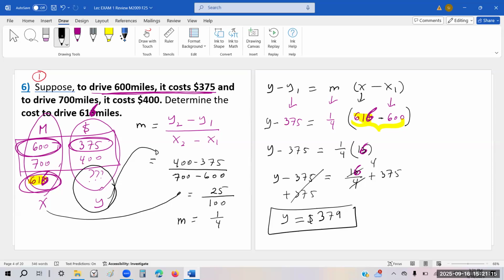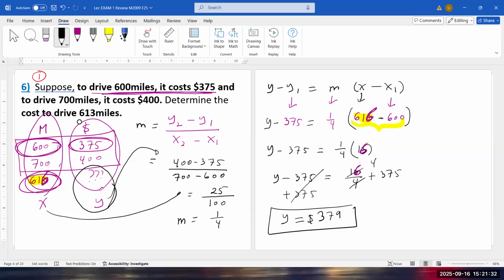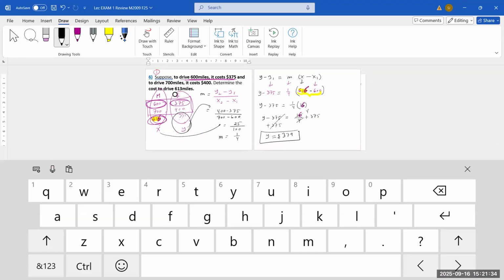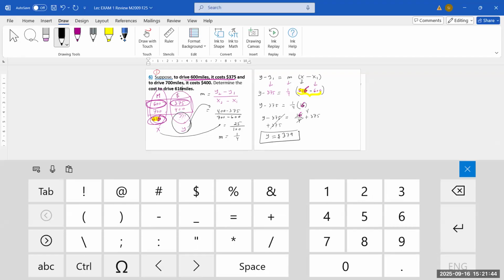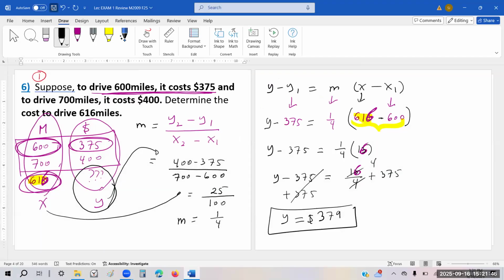So I'm going to give you something that you can work with. Let me change the number here in case I forget later. Make it 16. Perfect. Any question?